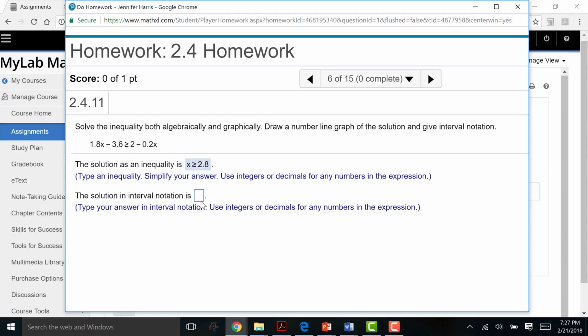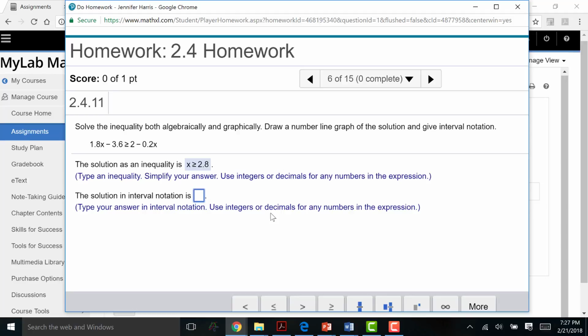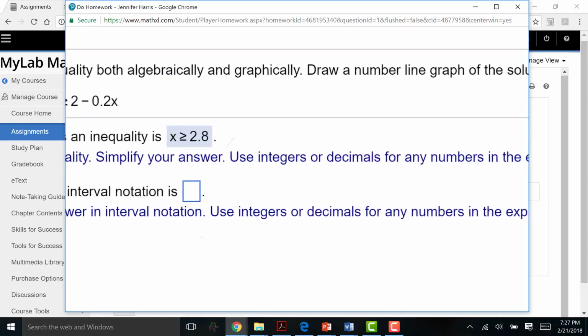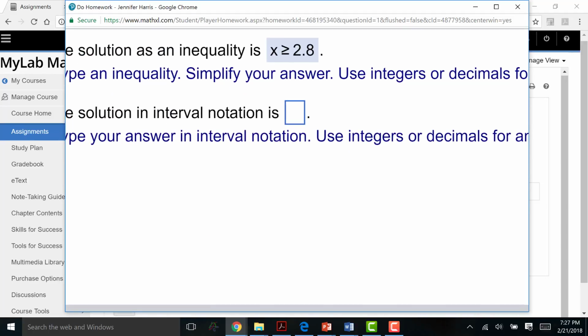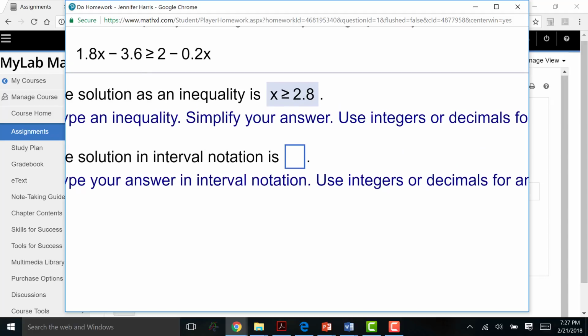It wants us to write it in interval notation. Which direction would I be shading? To the right. So where would my infinity symbol go if I'm shading everything to the right? To the right. So always know, whatever direction you shade, that's where the infinity symbol is going to go. If you shade to the right, the infinity symbol better be on the right.